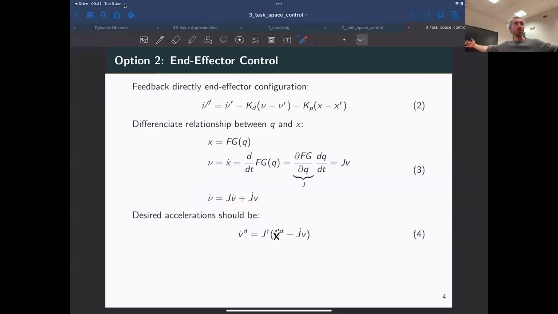And so we can compute the minimum norm solution by using the pseudo-inverse of the Jacobian. So we just do J pseudo-inverse times x double dot desired, so the desired end effector acceleration, minus J dot v. So we have a linear system of equations, and we just compute one solution of this system.